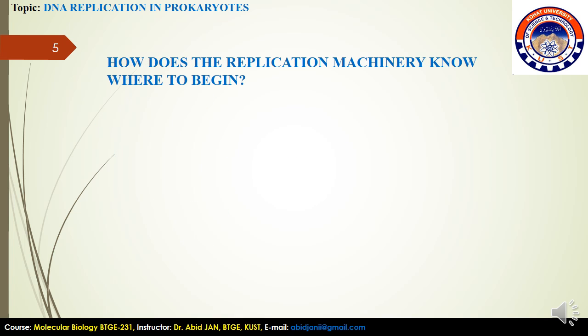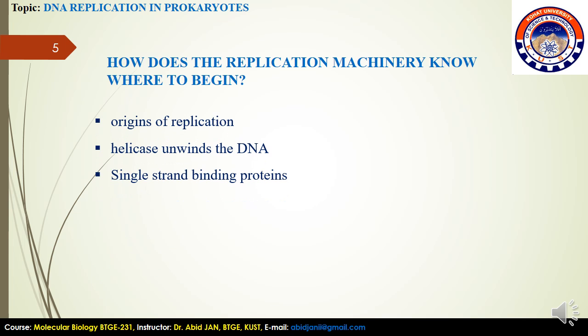How does the replication machinery know where to begin? It turns out that there are specific nucleotide sequences called origins of replication, where replication begins.